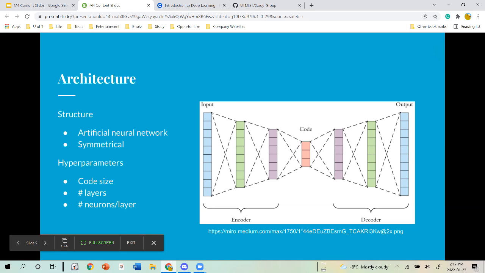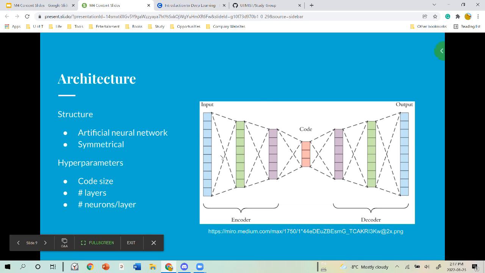And I think what makes it unique is that it's symmetrical, right? When you're trying to encode, you're reducing its dimensions. And then when you're trying to reconstruct it, you're increasing the dimensions once again to get the output. So it's a symmetric process.